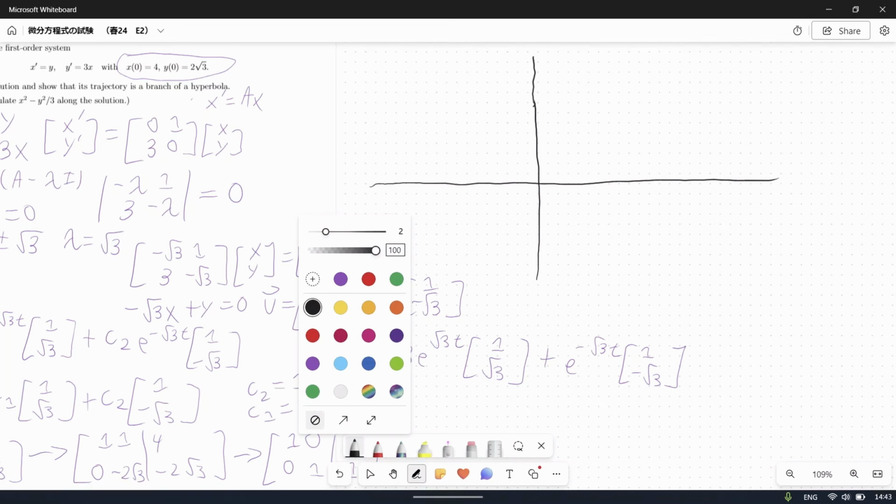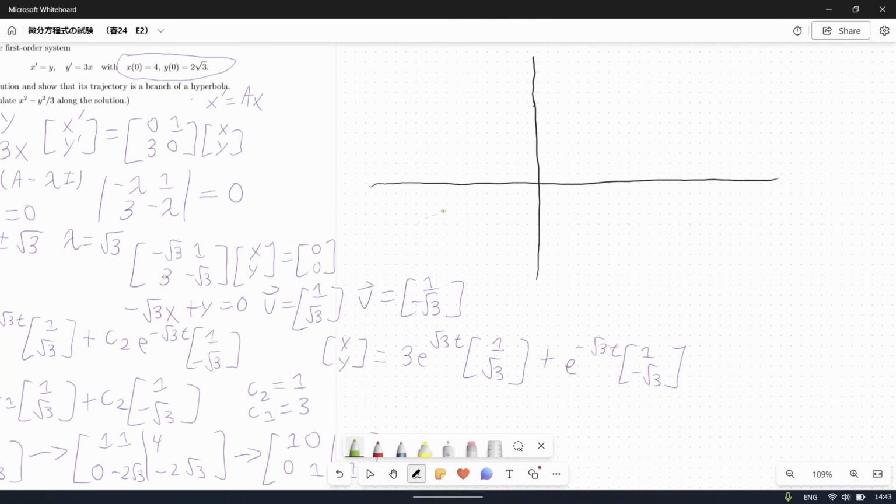And so for our first eigenvector, we have (1, root 3). And so the trajectory of that eigenvector is going to look a little something like this, where you have a line that goes diagonally like that. And since the x term and the y term are positive, this eigenvector is going to be radiating outwards like this, if that makes sense.